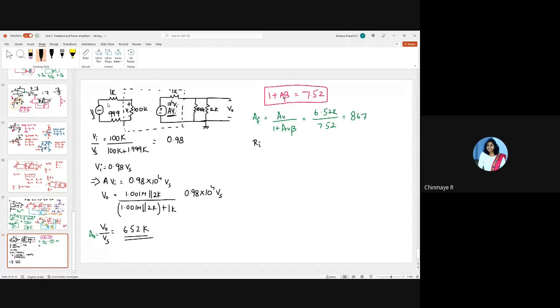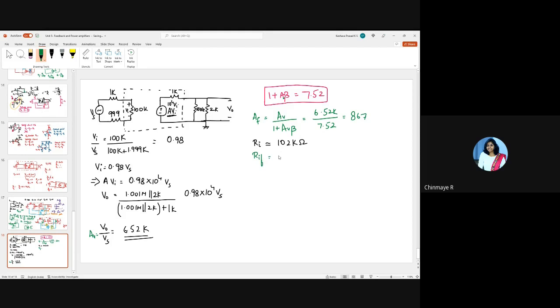Simple. The input impedance is 1K plus 100K plus 999 ohms. Right? The open loop input impedance is approximately 102 kilo ohms. Correct? So now can you calculate the closed loop input impedance, RIF?